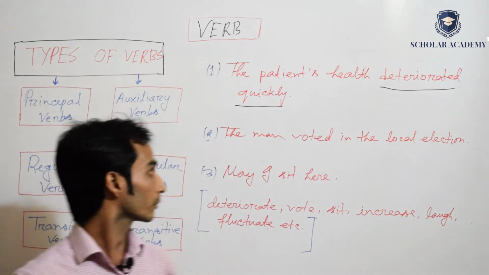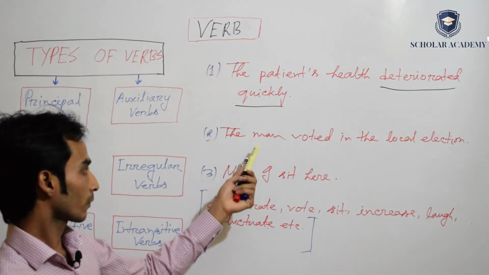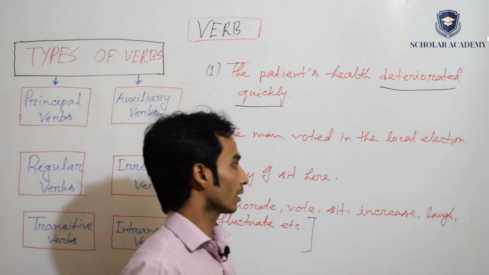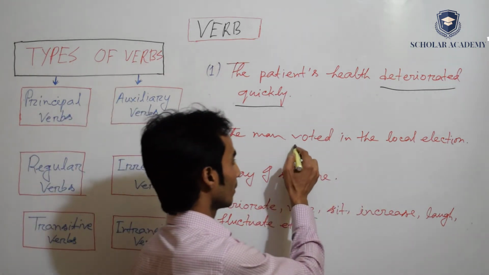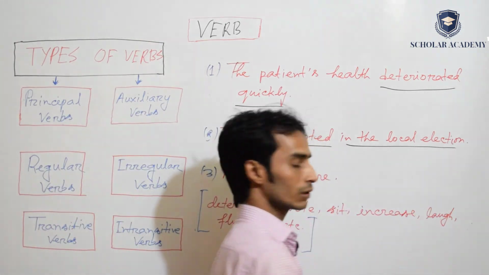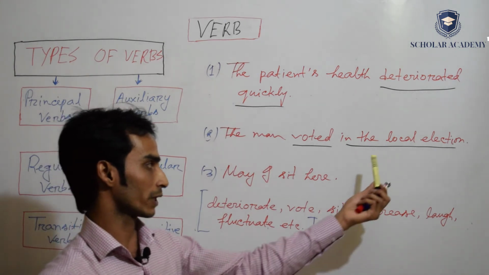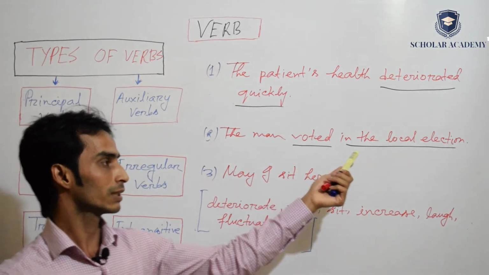There is no answer. Another example is the man voted in the local election. Here voted is the main verb, and in the local election is a prepositional phrase. That's why in this sentence we also see that there is no object.